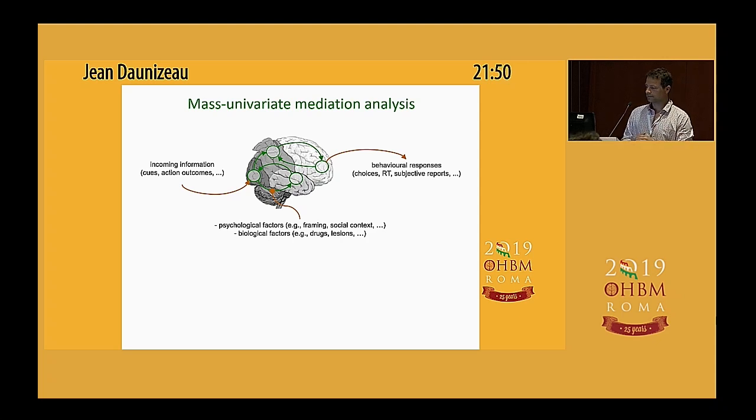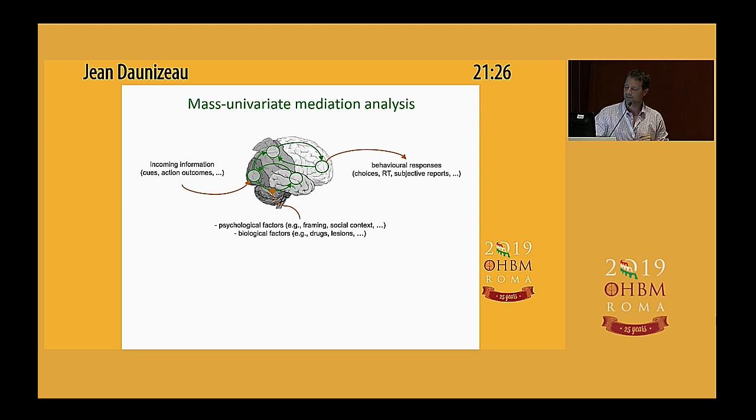This transform from input to output could potentially be influenced by psychological factors, such as the way you frame the task, the social context, but also by biological factors, such as drugs or lesions. That's the overall picture. We'd want to have an overall picture that tells us how a particular cognitive function is implemented in these terms.